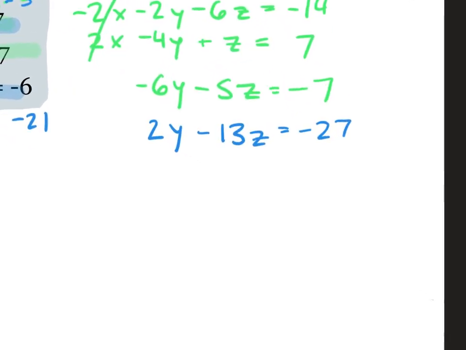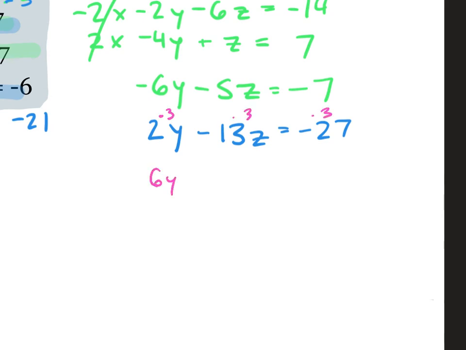Now we got two equations with two variables. What do you want to cancel out here, the y's or the z's? The y's. What do we have to multiply by our second equation to get it to cancel out with negative 6y? 3. So multiply everything here by 3.